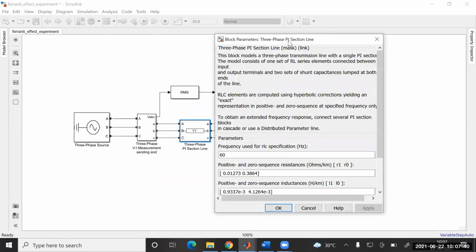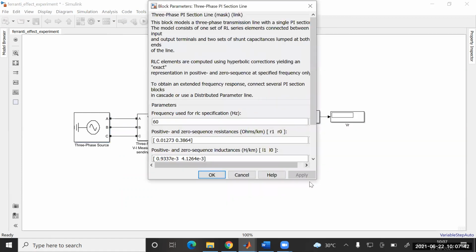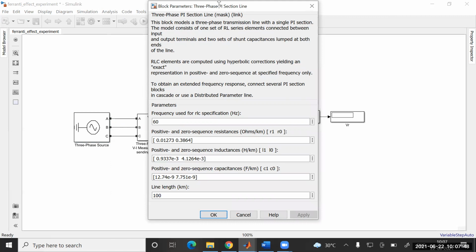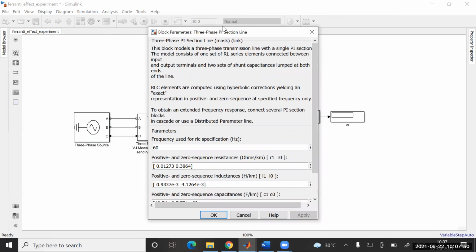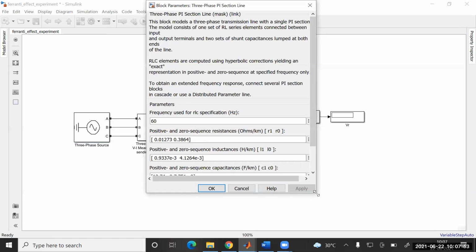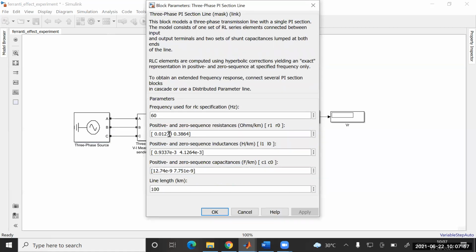Now this is what we have to fill. Okay, we'll take over this. First of all, we have to change this. We have taken frequency as 50, so it will be 50.